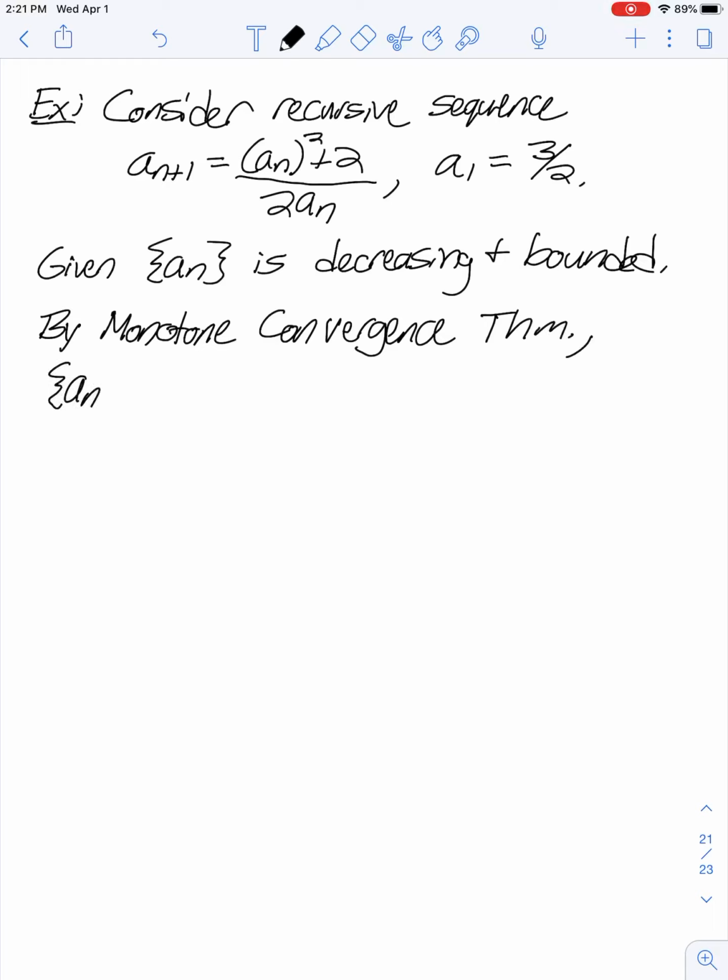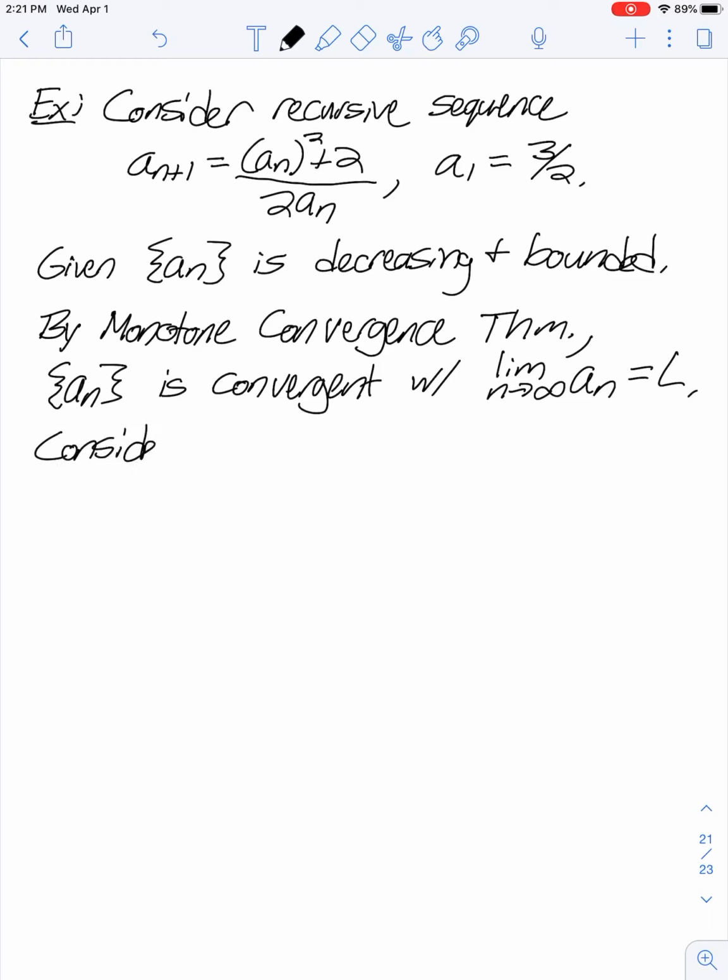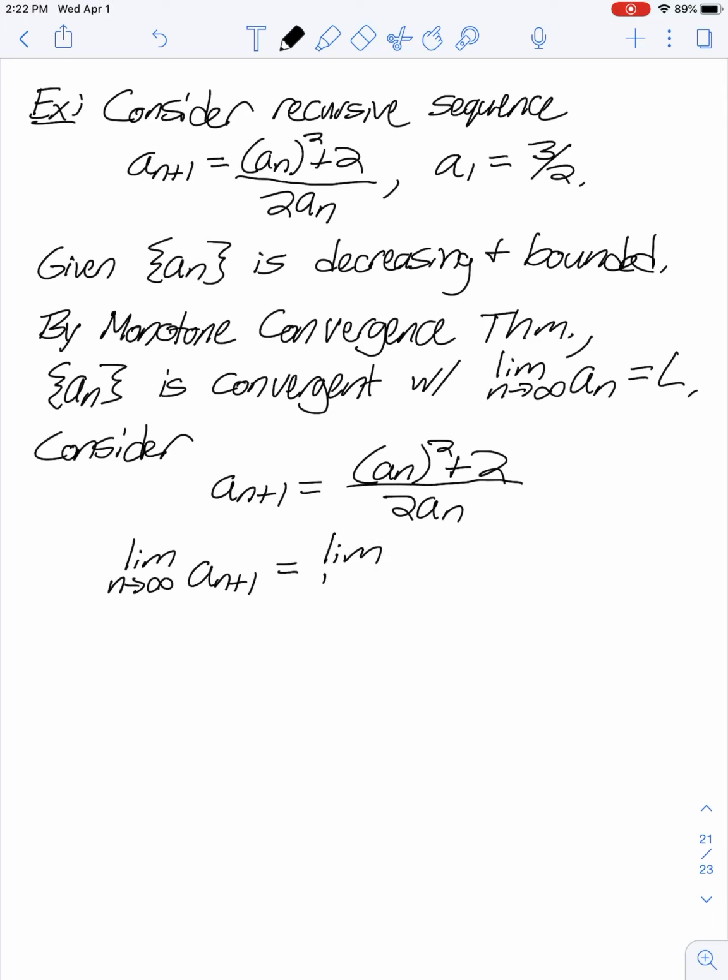So since it is decreasing and bounded, we know by the monotone convergence theorem the sequence a sub n is convergent with a limit which we will call L, capital L. So in order to find the limiting value of this recursive sequence, we can consider our recursion, which was a sub n plus 1 is equal to a sub n quantity squared plus 2 all over 2a sub n.